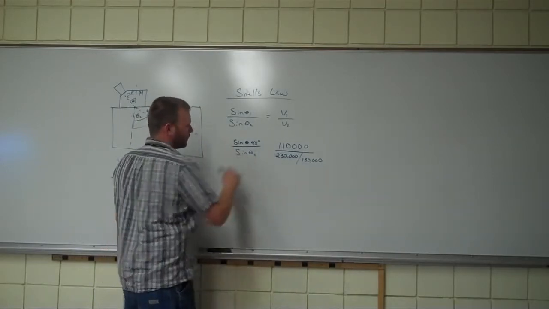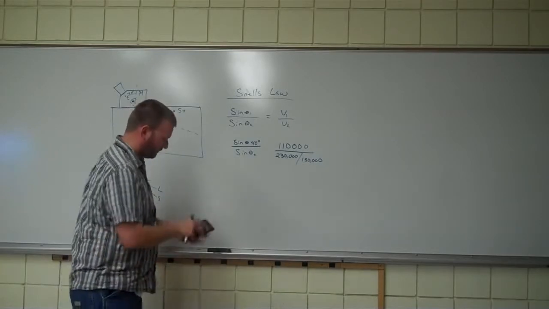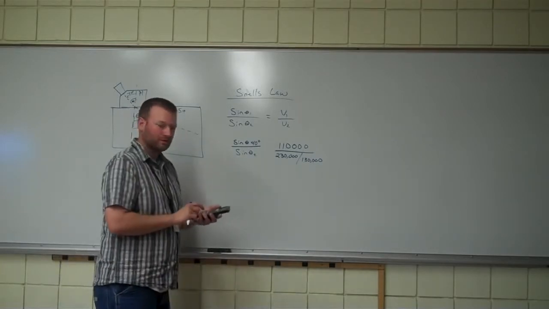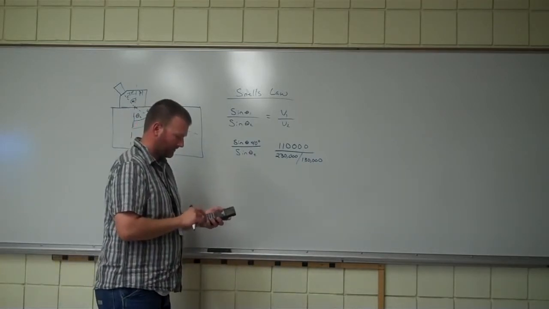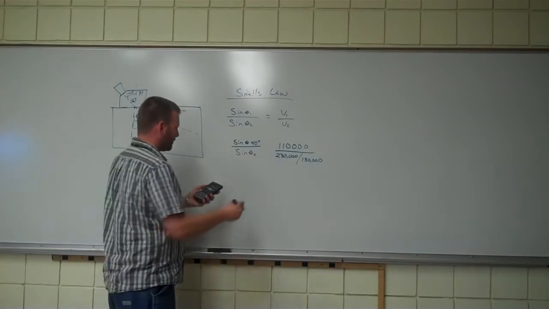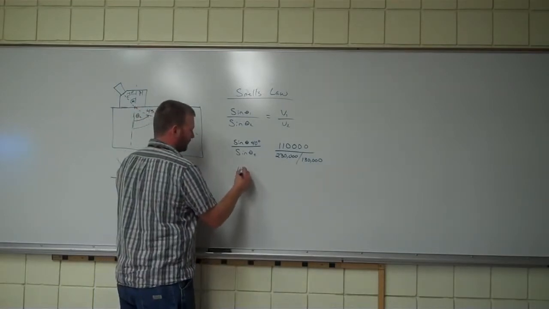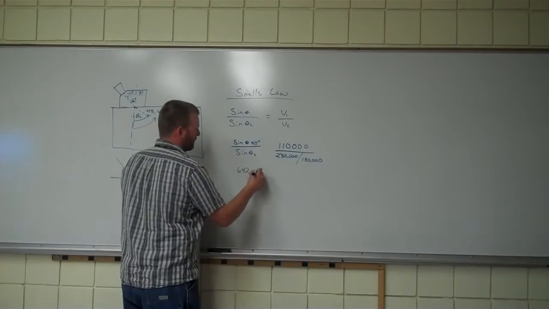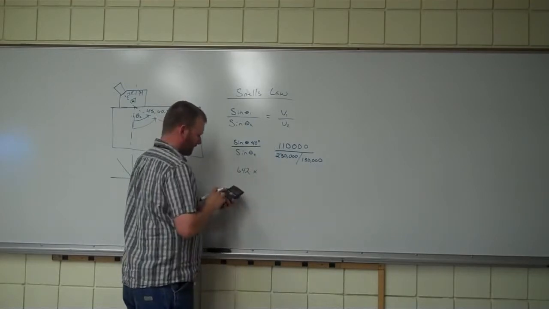We need to do cross multiplication for both of these. So sine of 40 degrees, on your calculator, make sure you're in degrees. I come up with about 0.642. Now I'm going to multiply that by 230,000.